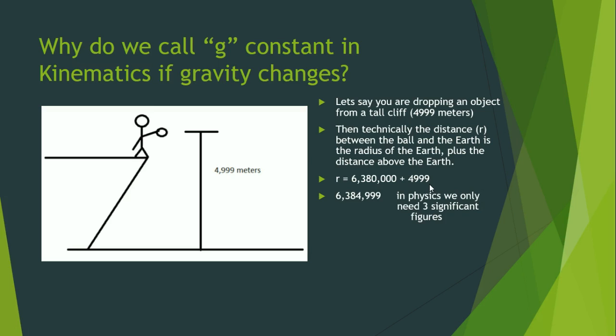And so if we add that together, we would get 6,384,999. And in physics, notice that usually we only write 3 significant figures. To have three significant figures, we would just round the 8 up or down depending on what this number here is.